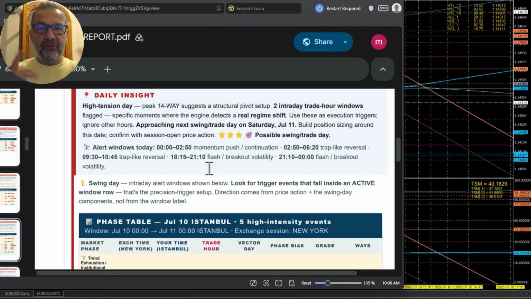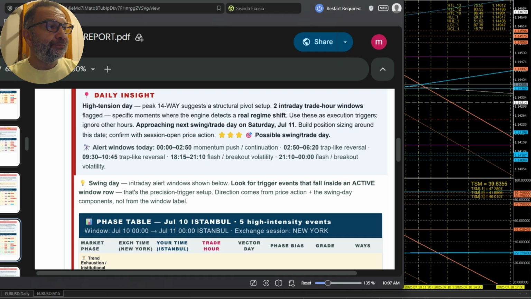Those are my hours, you convert that to your hours. Remember, I'm in Istanbul time zone. If it breaks out, it's going to be in that period, so that's your trading zone. You can follow the flash breakout volatility, follow the direction of the breakout, take the money and run. It's a Friday, so it's a good opportunity to scalp, but you have to do it with your technical analysis setup, because time and price need to be together.